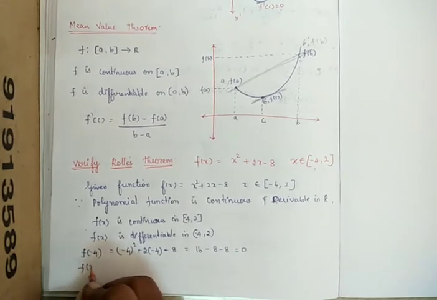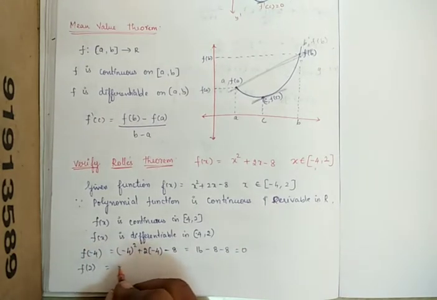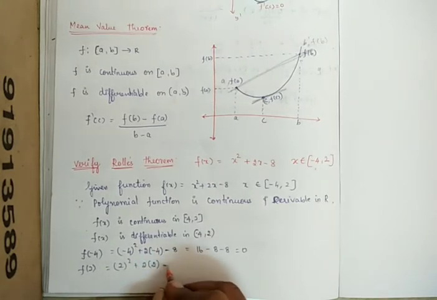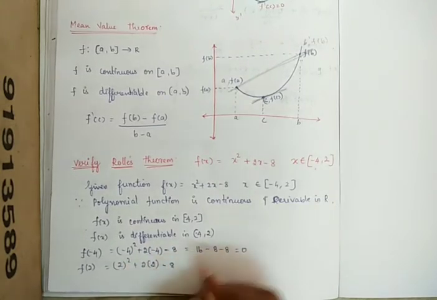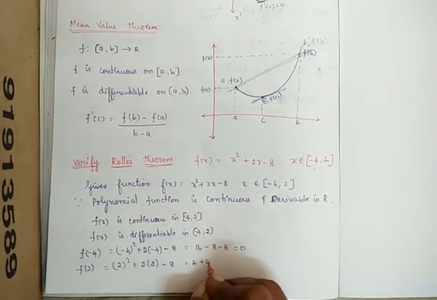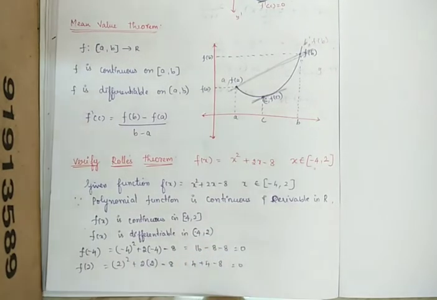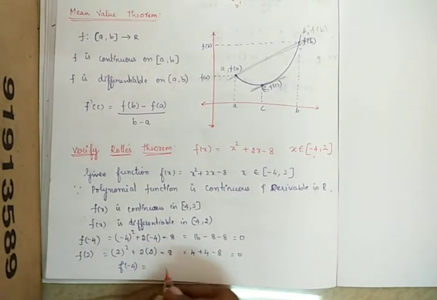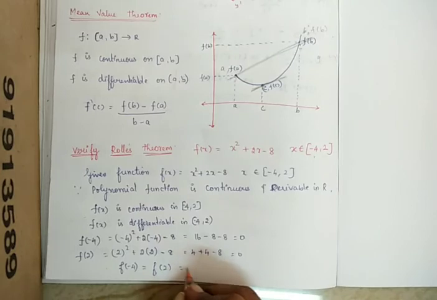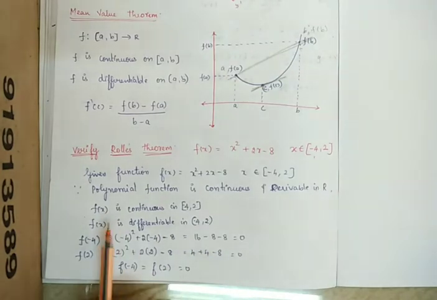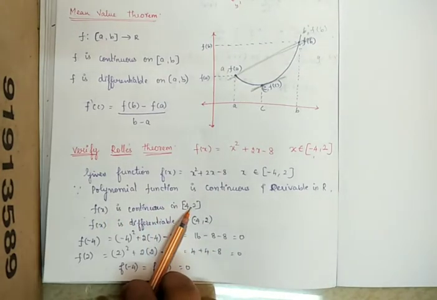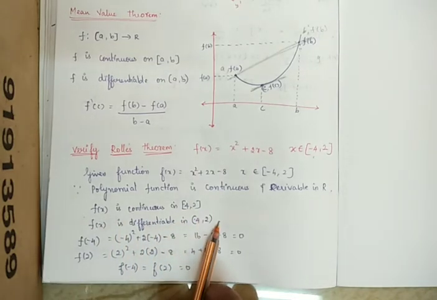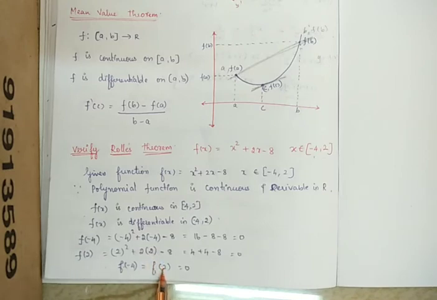Now let us find f of b: 2 square plus 2 into 2 minus 8, that is 4 plus 4 minus 8, which is 0. So f of minus 4 is equal to f of 2, which is 0. According to the definition, the function is continuous in the closed interval a comma b, differentiable in the open interval a comma b, and f of a is equal to f of b.